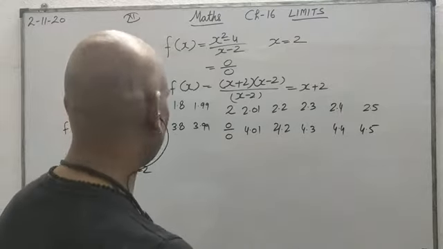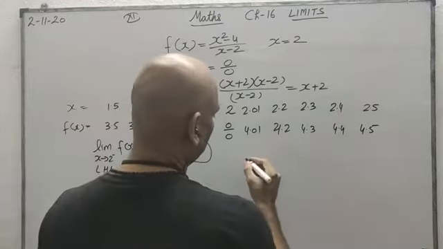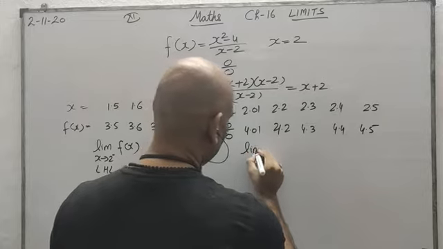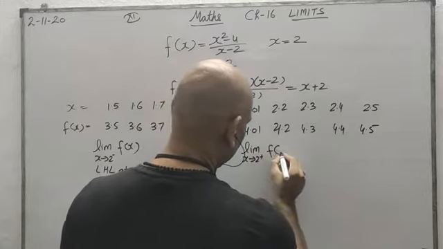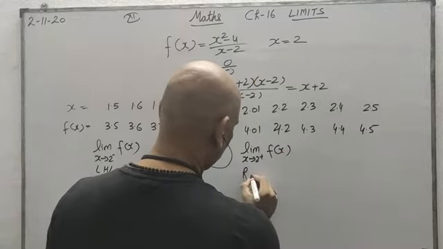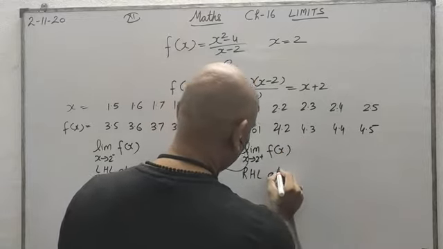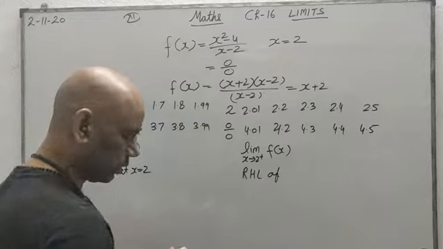Similarly, we will calculate the right hand limit. The right hand limit is represented as limit x tends to 2 plus f(x), and this is known as RHL at x is equal to 2.